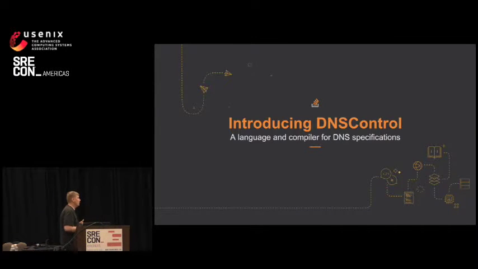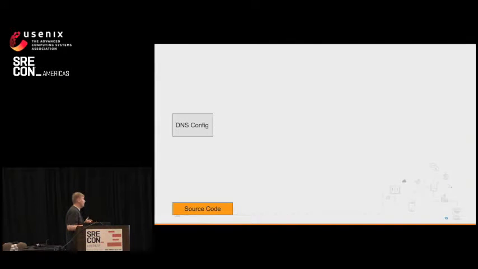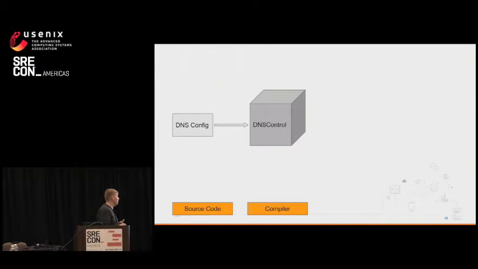It's a system we wrote. We think of it as a language and a compiler for DNS specifications. Those are words. I prefer the picture of what it looks like or what it does. I think of it as we have our DNS config as a single file, our source code for our DNS. We feed it into our application. We can call that the compiler.